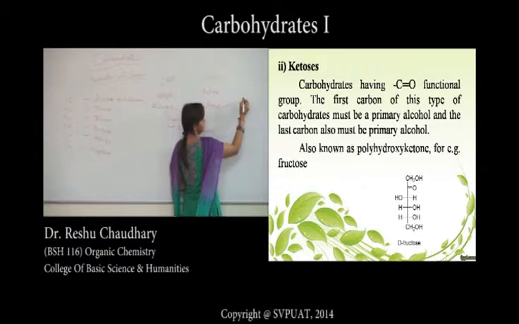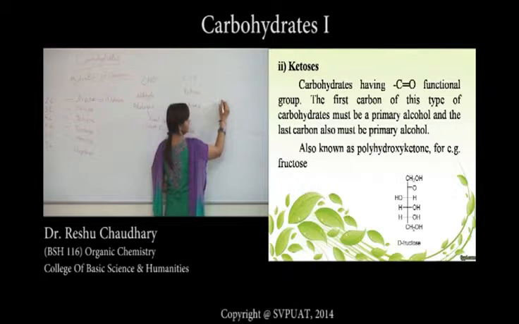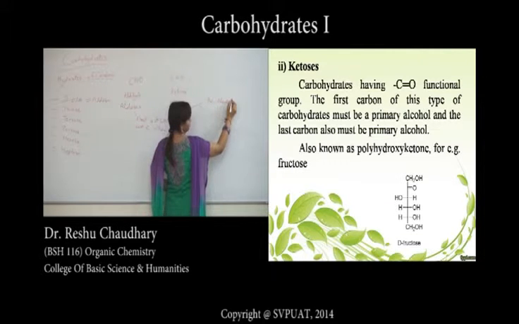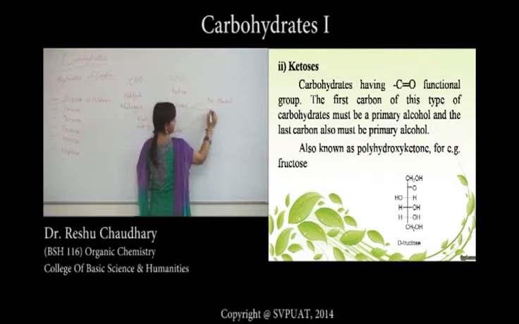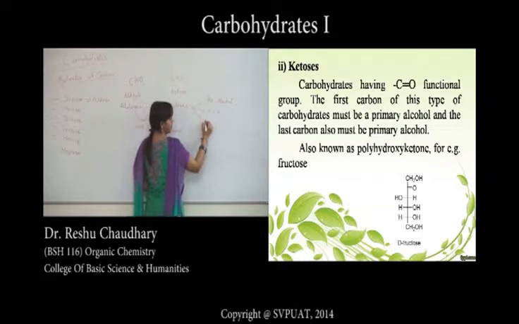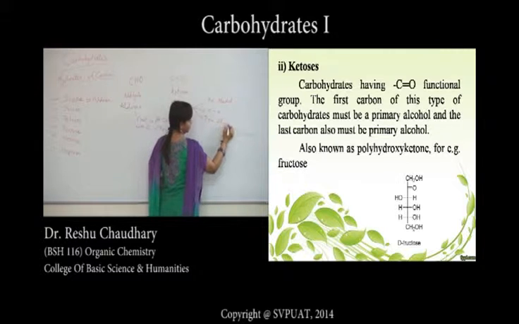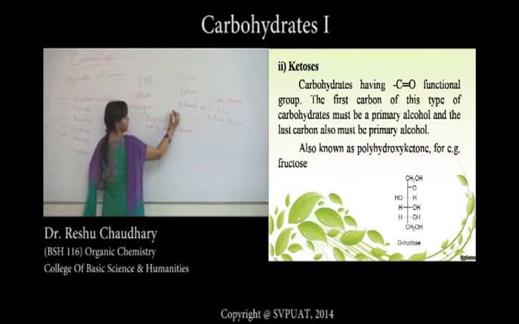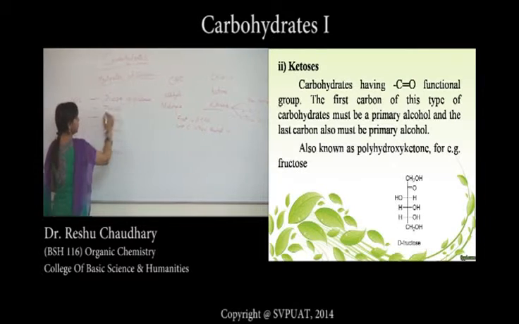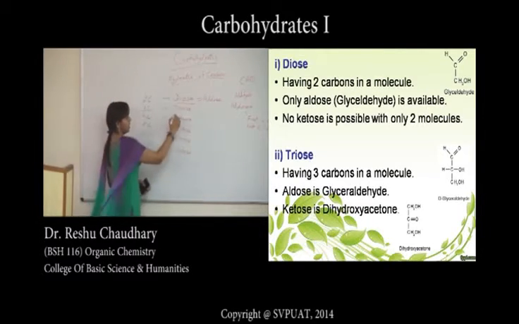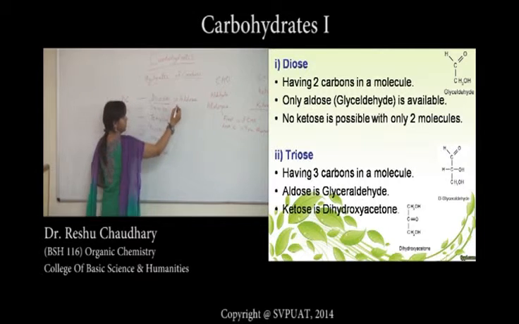And in ketoses, the first carbon is a primary alcohol, the second is the ketone group, and the third is also a primary alcohol. So on this basis, there are no ketoses present in diols, only aldose.